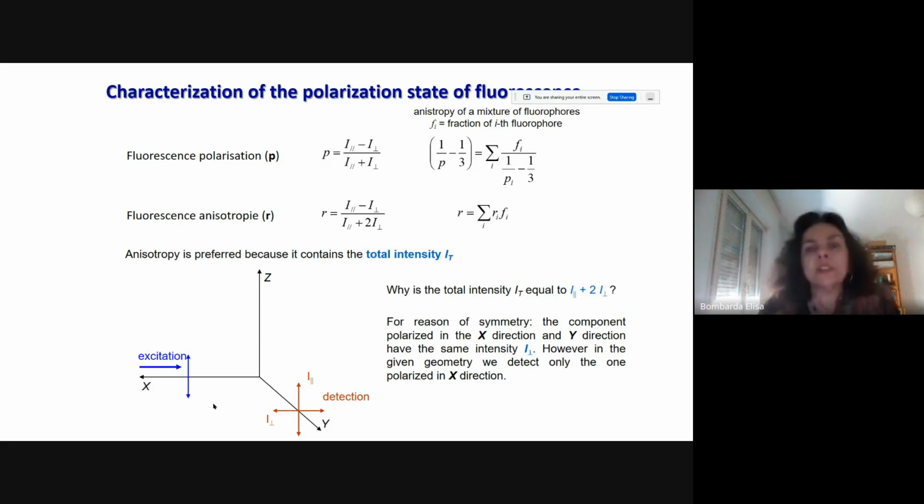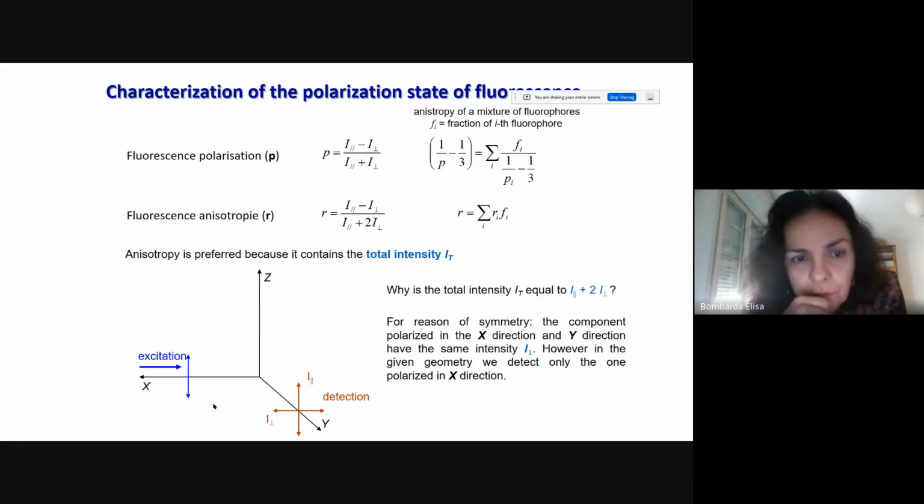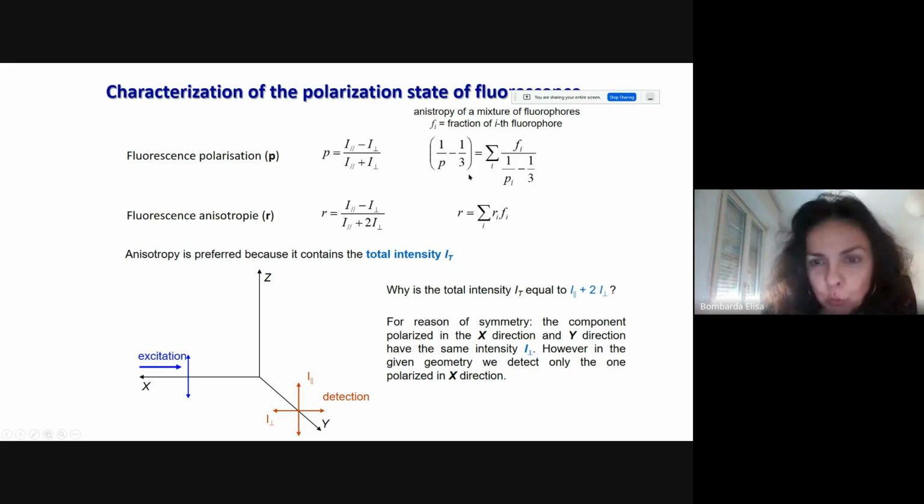Look how simple it looks when we use the fluorescence anisotropy. So practically we have the anisotropy of the mixture, which is just the weighted sum of the anisotropy of each fluorophore according to the fraction of existence, let's say. So that's why we like this parameter more than the other.